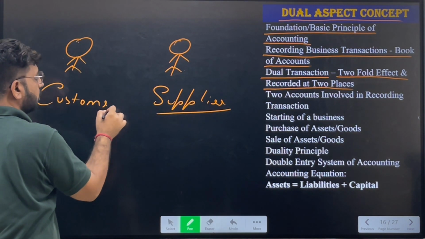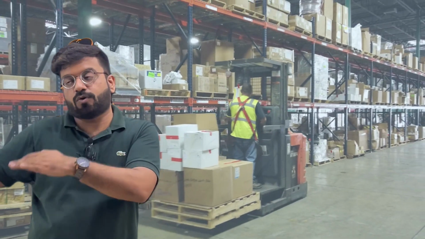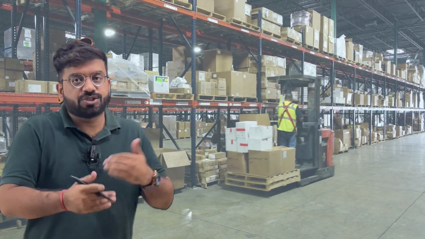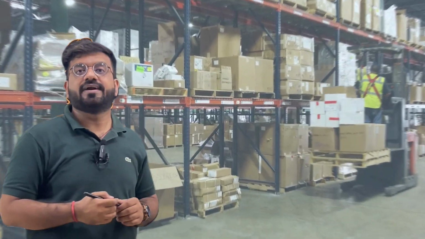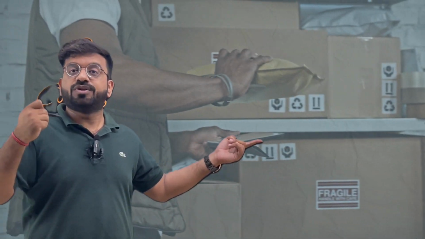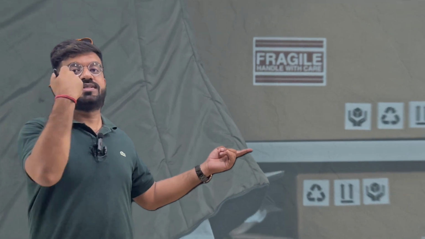In fact, I am the owner of the business as well as the customer, because I have to buy the raw materials, then I do the production work, then only I will be able to sell that into the market. So for that supplier, I am the customer. I will process that goods into the finished products, then only I will be able to sell that to the market.